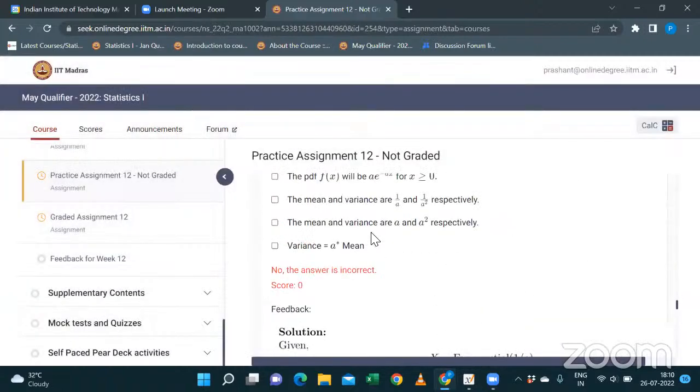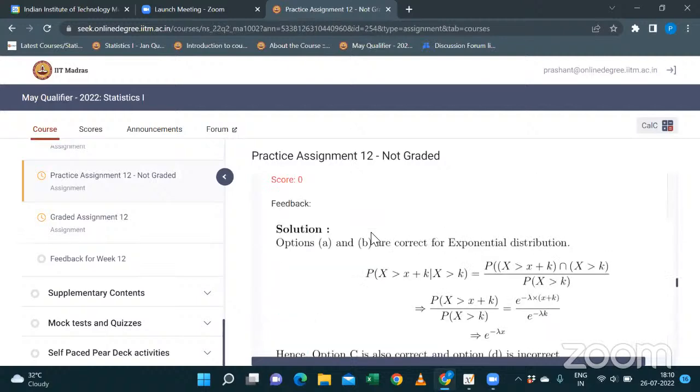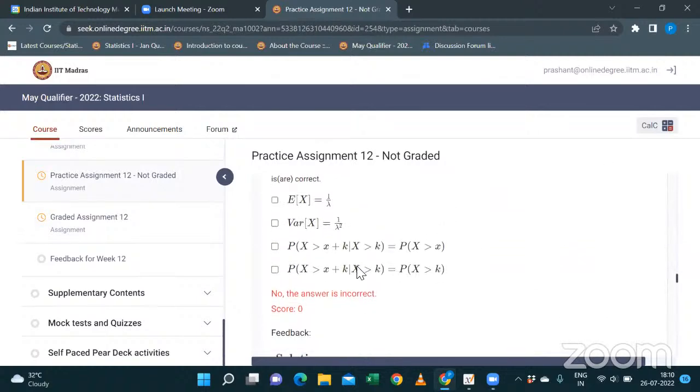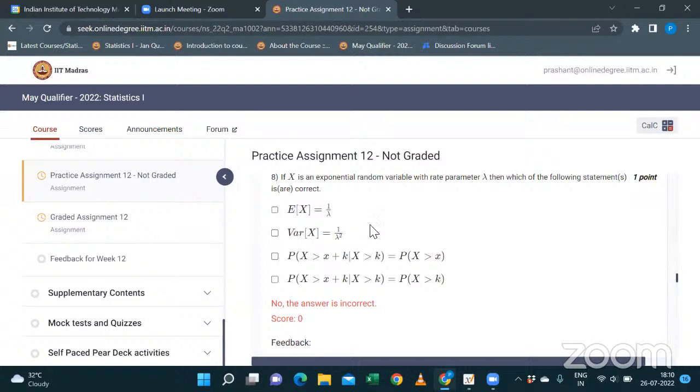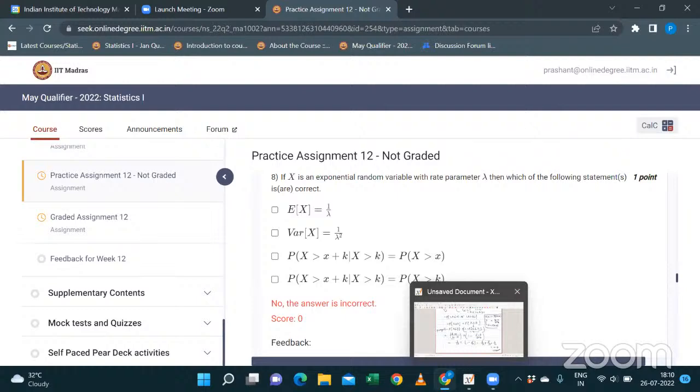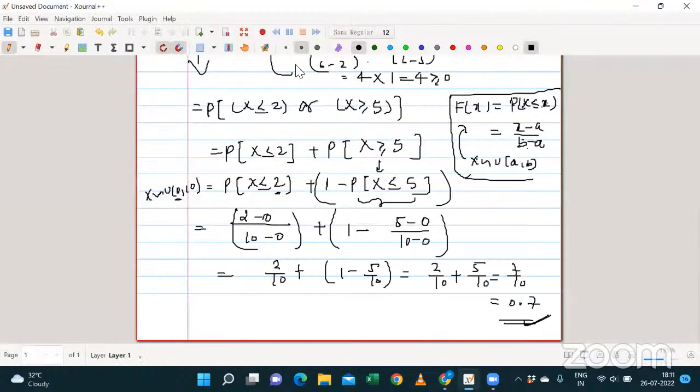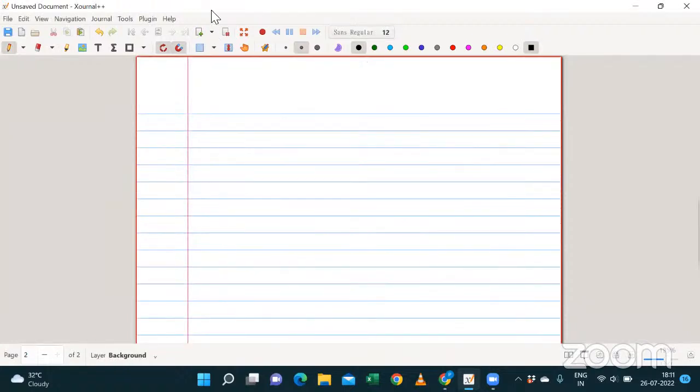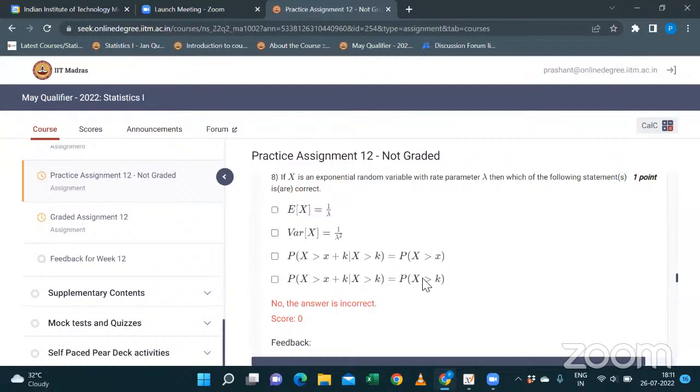Yes, the fourth one is correct. So see, you just have to apply the formula. Probability X greater than x plus k, given X is greater than k, equals, we have to write probability X greater than k.